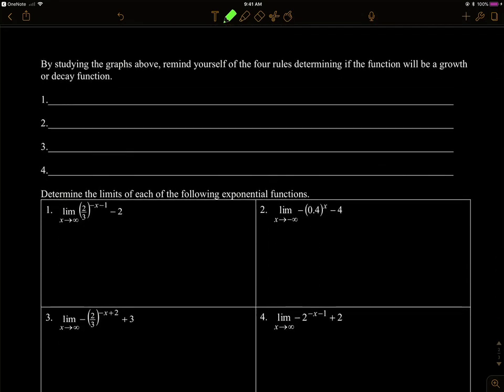All right, okay, well, we can talk about this. It's growth if b is larger than 1, I'm going to say, but we have to consider any reflections.